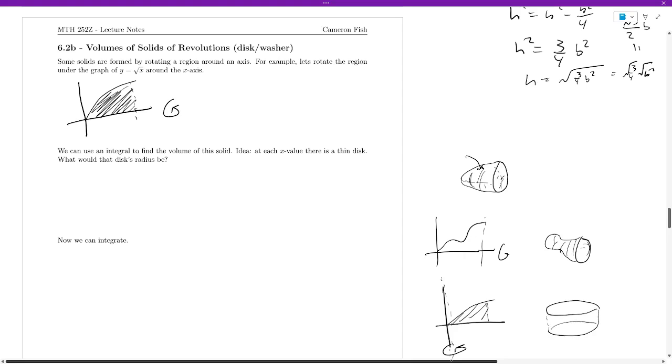The outside is tracing it, but then as it goes in, it's getting skinnier, right? So maybe this sort of crater-ish shape like that. Not a great artist, but something like that. So it's totally different whether you rotate around the x-axis or the y-axis.